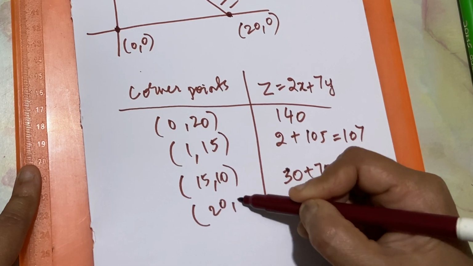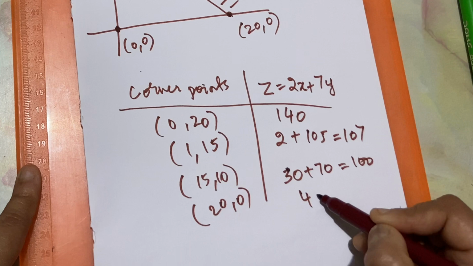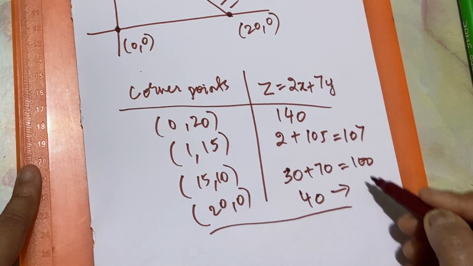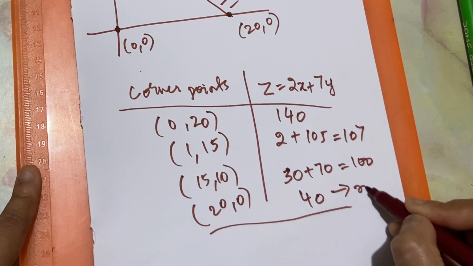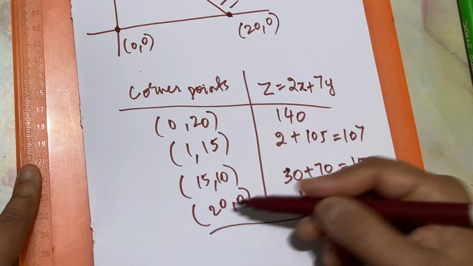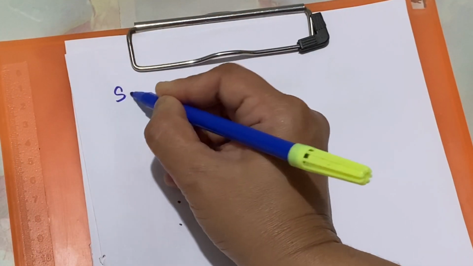Next it is 20, 0, that is 40. So the minimum value here is 40. The minimum value lies at 20, 0. Now we'll do another type of problem.